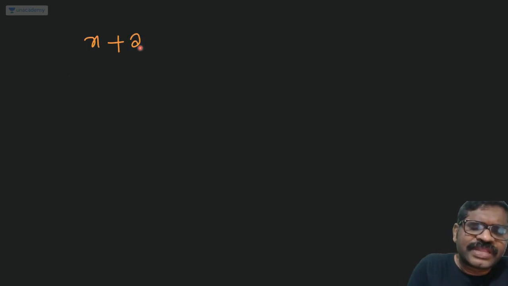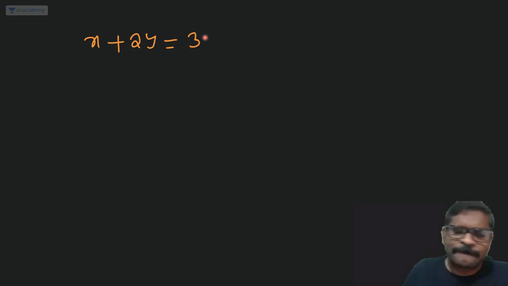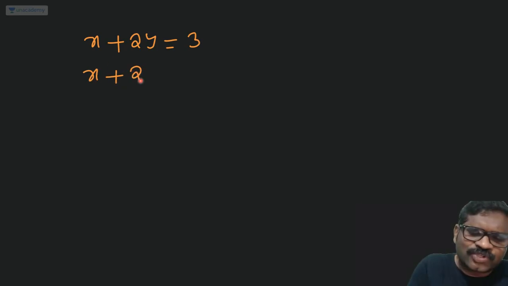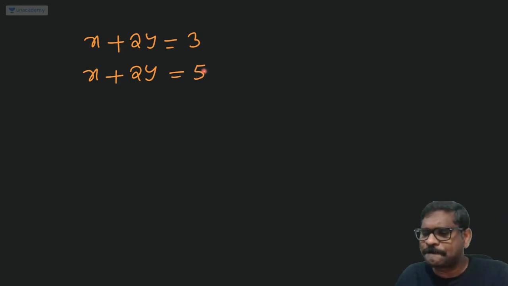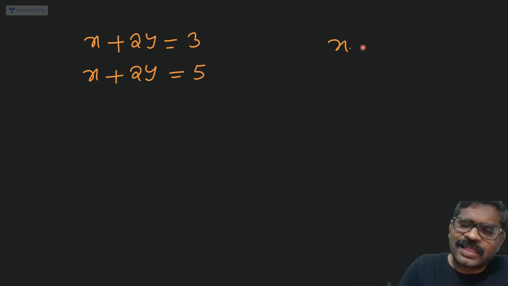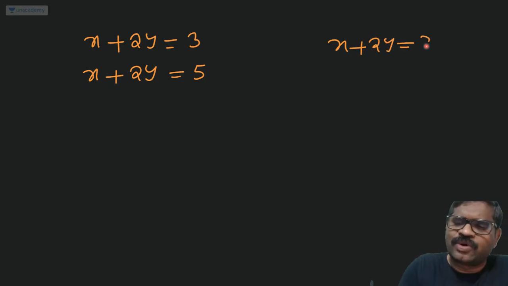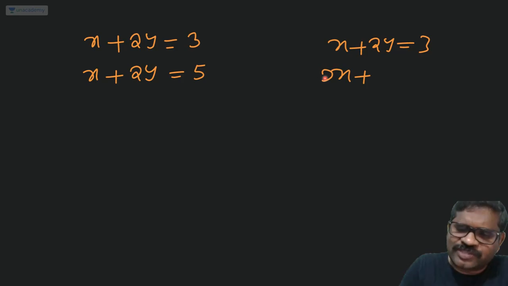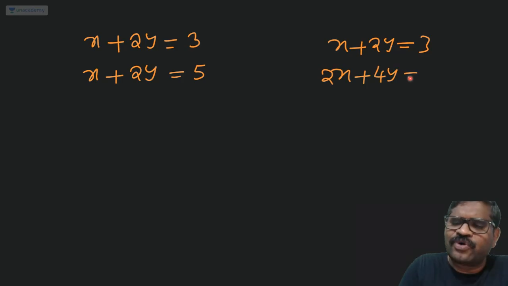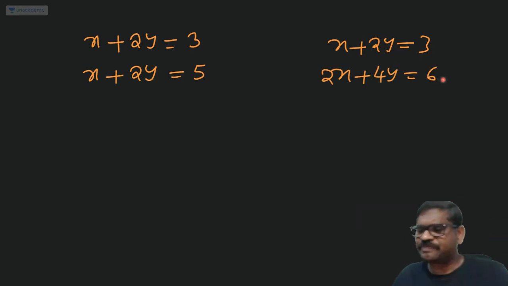Suppose x plus 2y equal to 3 and x plus 2y equal to 5. In the other case, x plus 2y equal to 3 and 2x plus 4y equal to 6. Consider. I'll give examples till you understand.